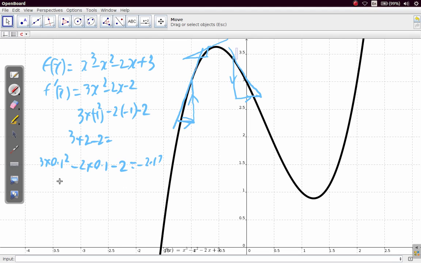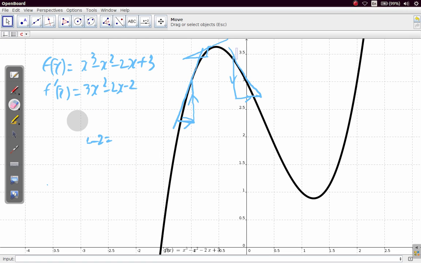Now what about the second derivative? Let's erase these things. We have the first derivative here. The second derivative, f double prime of x, would be 6x minus 2. That's the second derivative. Now, the second derivative is telling you how much the first derivative is changing.